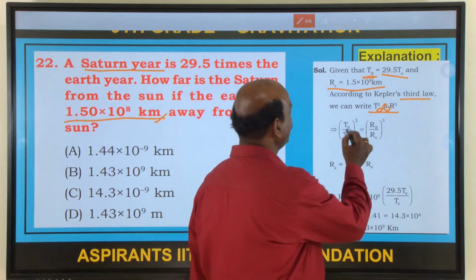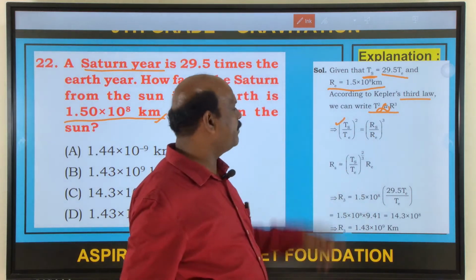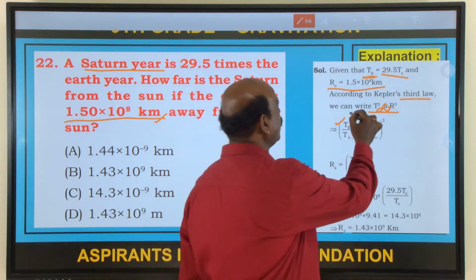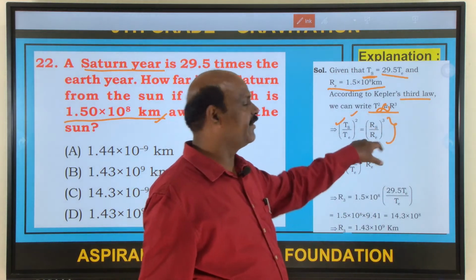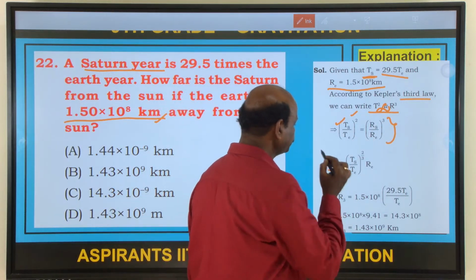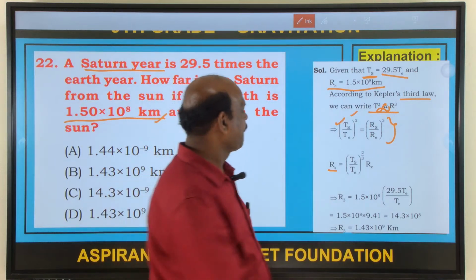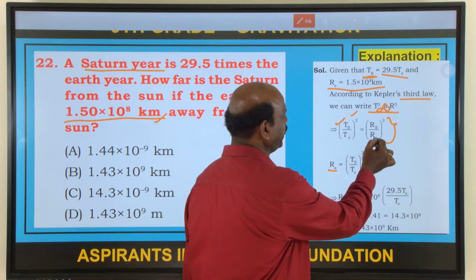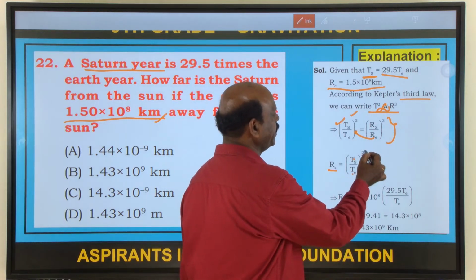That is, the square of the time taken by Saturn over the time taken by the Earth is equal to the cube of the ratio of the distances. So we take RS, the distance of Saturn, and moving the terms, we get RS equals RE into TS by TE to the power 2 by 3.